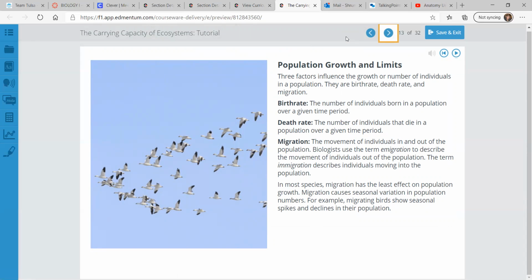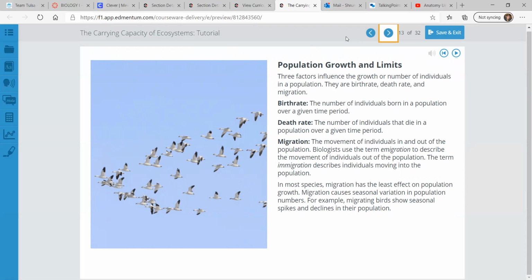The birth rate is the number of individuals born in a population over a period of time. Death rate, that's the number of individuals that die in a population over a given period of time. Migration is the movement of individuals in and out of the population.